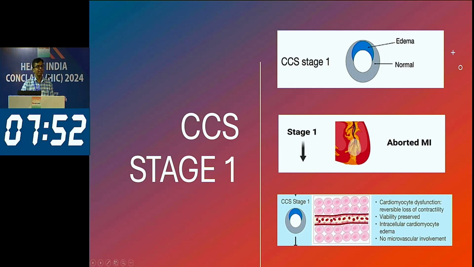In the best case scenario there is near perfect prevention of myocardial necrosis. Only a very small amount of myocardial injury is there, and that too is subendocardial. Here the patient has cardiomyocyte dysfunction and reversible loss of contractility, and viability is mostly preserved.